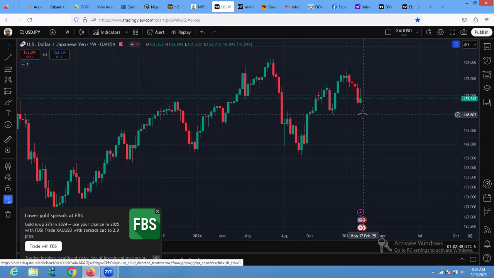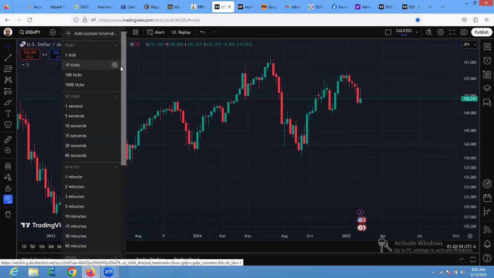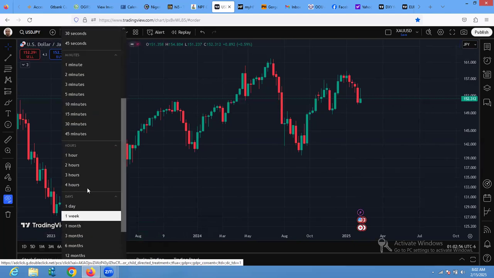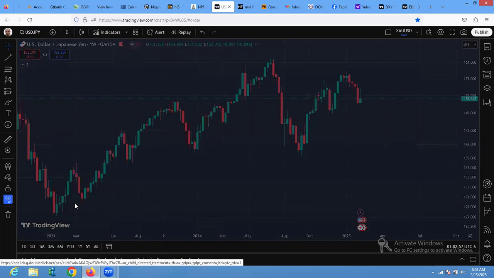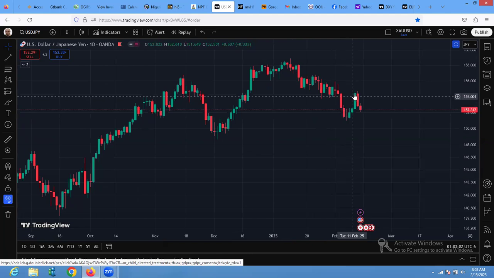And so for now, if you go to the daily time frame on this dollar yen, the way this one went up, it went up rather like an impulse.